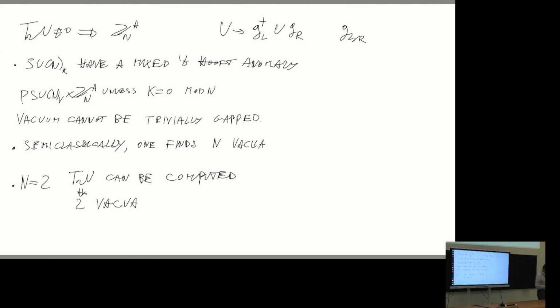So from now on, I assume that this is enough evidence to say that trace of U is different from 0, and we have n vacua in the SUN sector. So this is enough for the simple analysis at zero temperature. Now let's look at finite temperature.